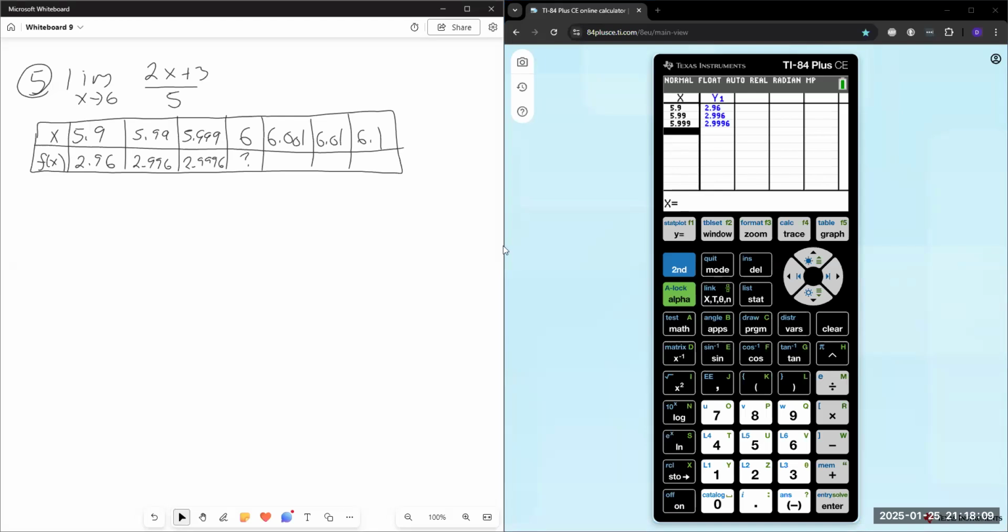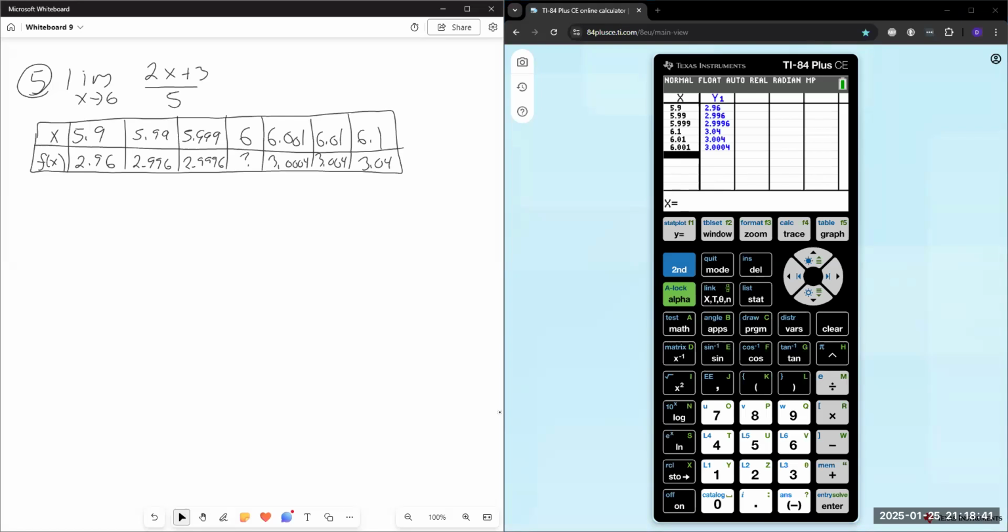Let's go ahead and come from the right. 6.1 is 3.04. 6.01 is 3.004, and 6.001 is 3.0004.